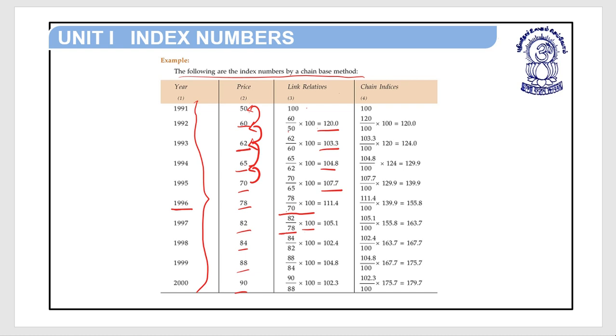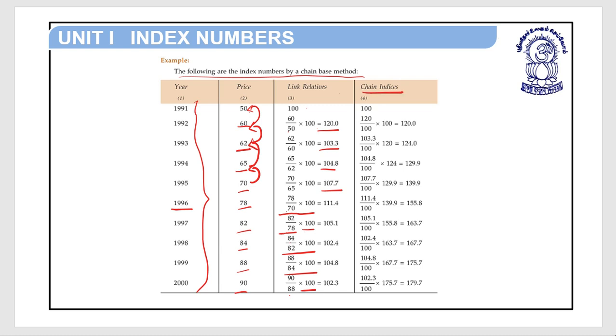For 1998, 84 by 82 into 100. For 1999, 88 by 84 into 100. For 2000, 90 upon 88 into 100. So this will give you the results.